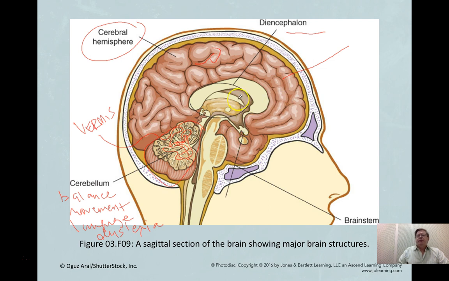Moving on now to the diencephalon. Now, this is an old Latin word, which is not necessary to decode, except to say that the diencephalon is the residue of the embryonic brain.